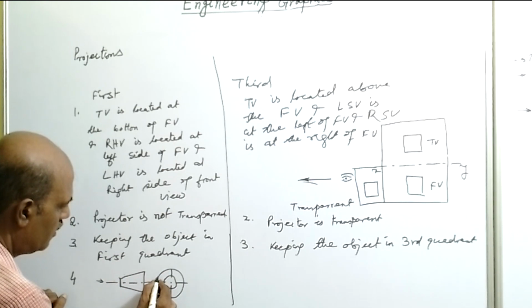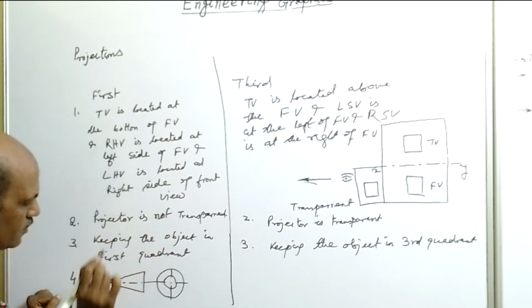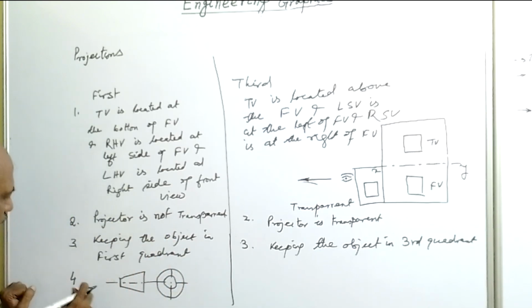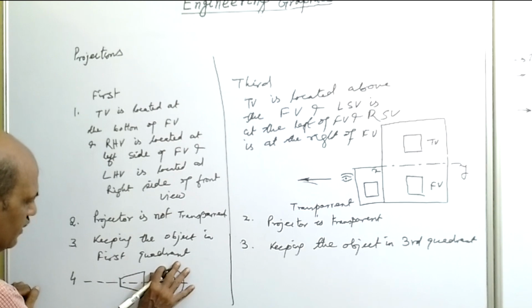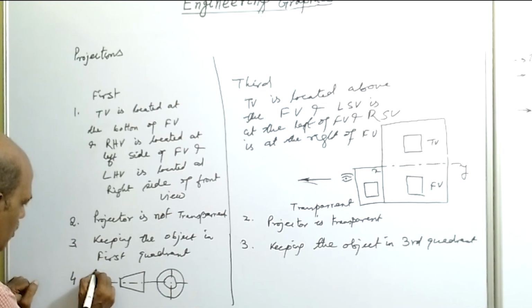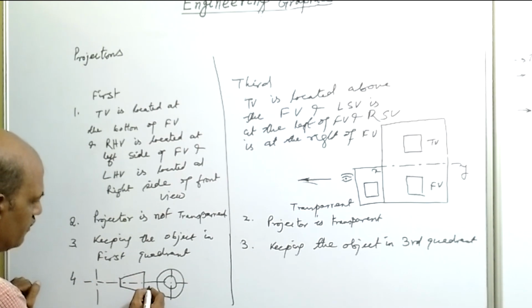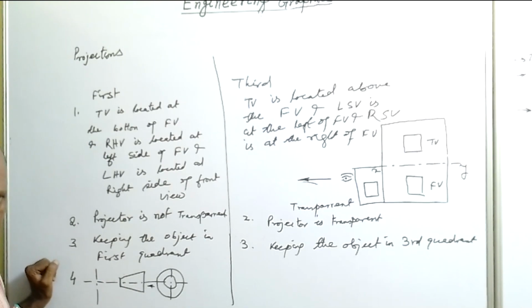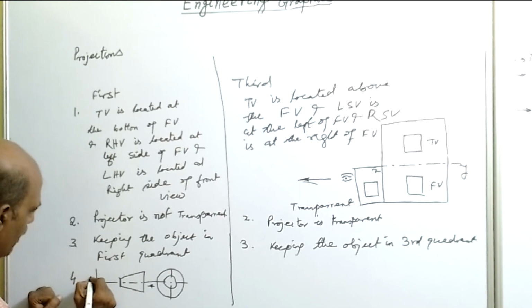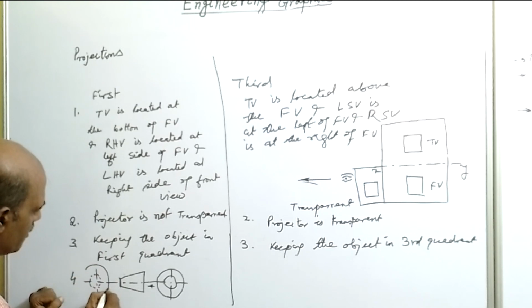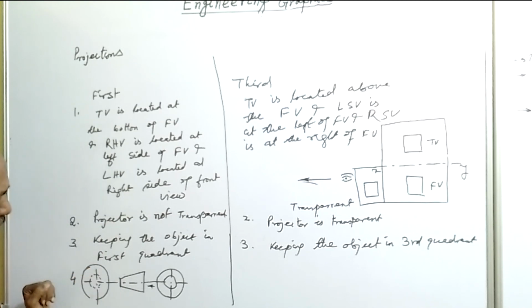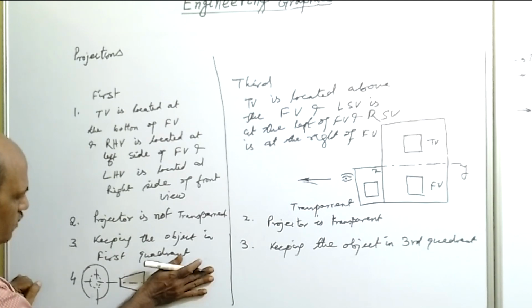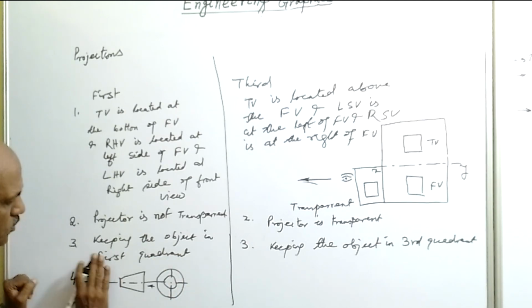So this is the center line. If we look at the object from this end, we can see the larger circle, but the smaller circle will be hidden. So the smaller circle will be drawn by hidden lines, and the larger circle will be drawn by firm lines. So either we can show these two views or these two views.